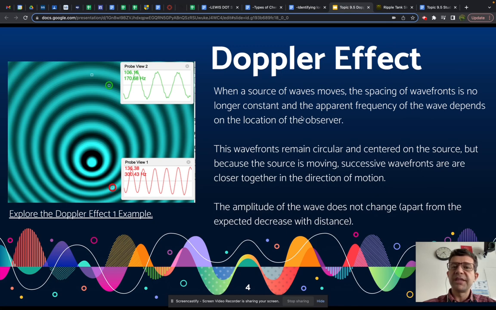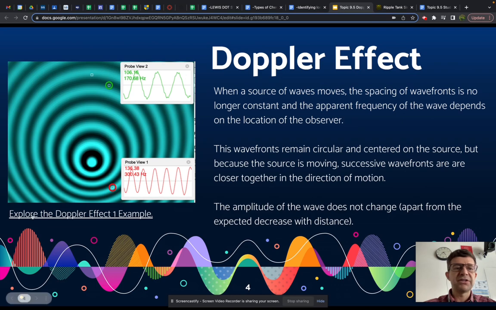And we'll look at a simulation now to observe that the wavefronts remain circular and centered on the source, but the wavefronts get clustered together in the direction of motion or spread out in the opposite direction. And the other thing that's just important to remember, and I'll remind you of this when we come back to this slide, is that the amplitude of the wave isn't changing here. This is not a change in amplitude, it's a change in frequency that's observed.